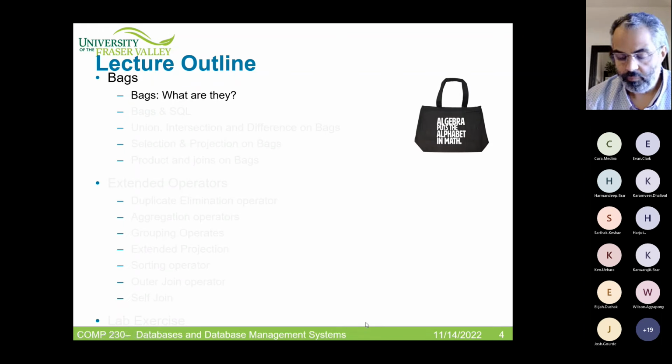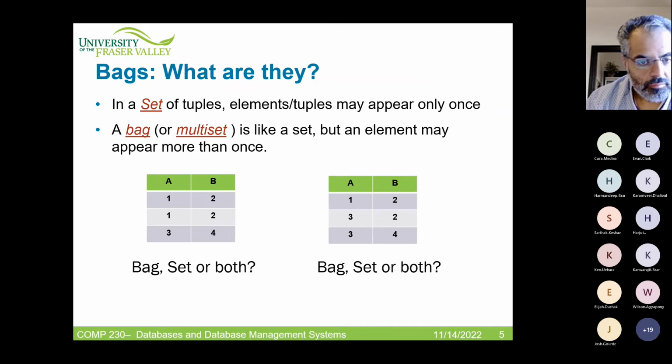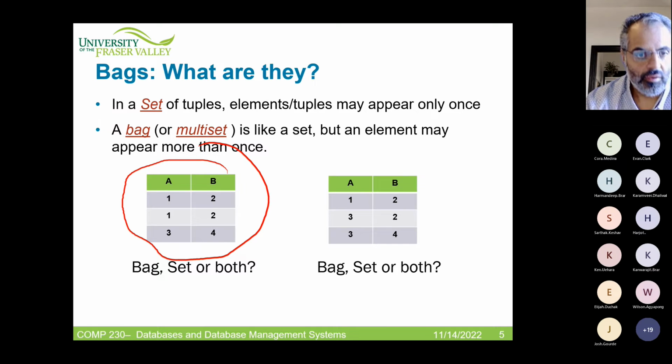So bags, what are they? When we deal with an entity or a table as a set of tuples, then, as I said, no duplication is allowed. However, if we deal with it as a bag or multi-set, then duplication is allowed.